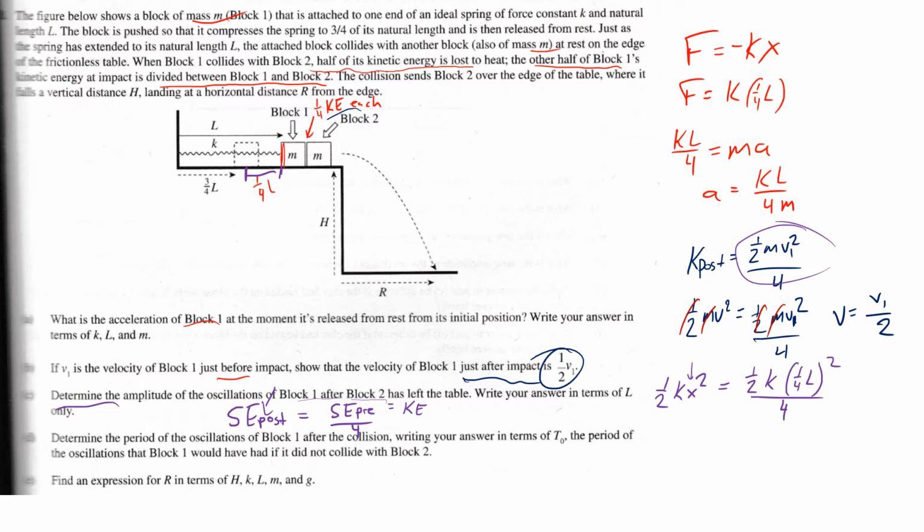We can cancel out the 1/2 and the k. All right, let's squeeze this all together. So x squared is equal to 1/16 after you square it, times 4, which is 1/64.